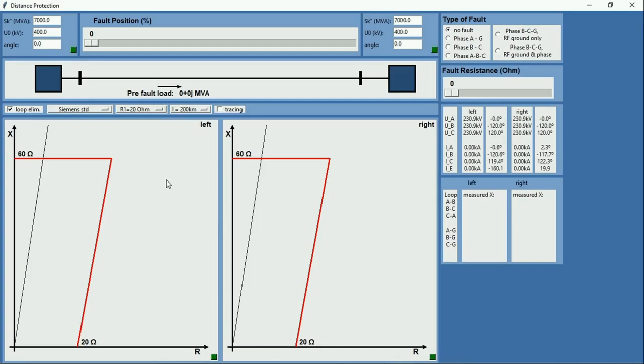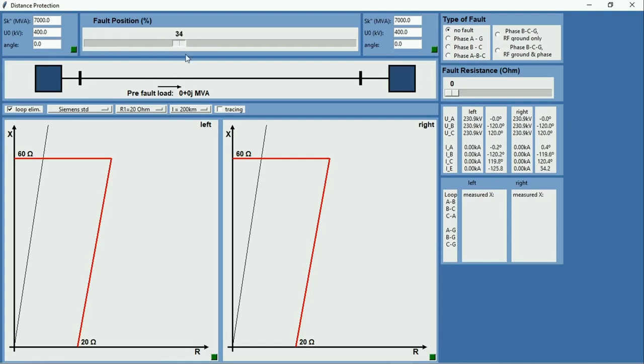We have an X setting of 85% of the line reactance, and in this case an R setting of 20 ohms, as can be seen here on the bottom. We have no pre-fault load. You see here the pre-fault load is 0 in this case. We will discuss the load influence a little bit later.